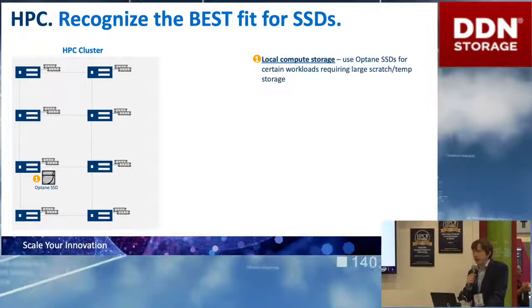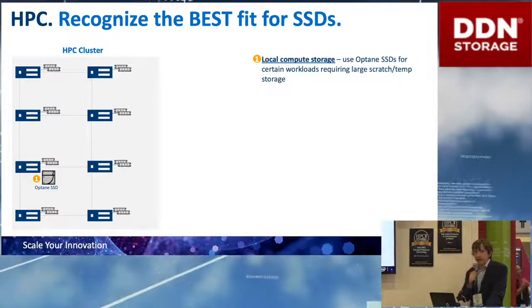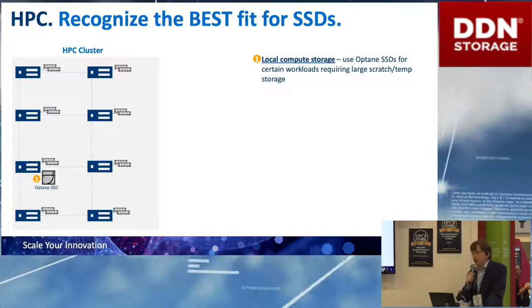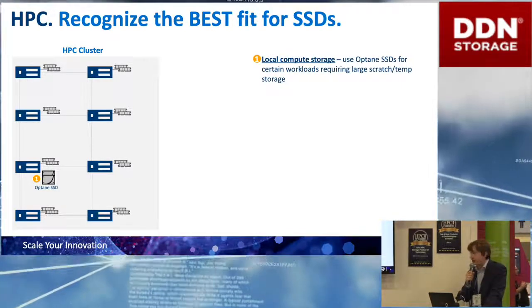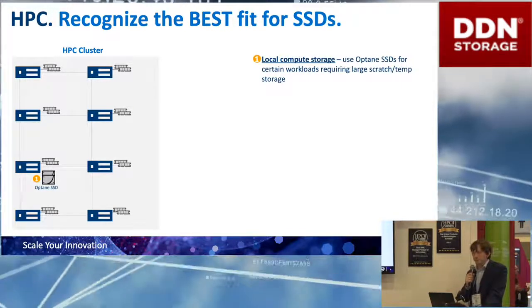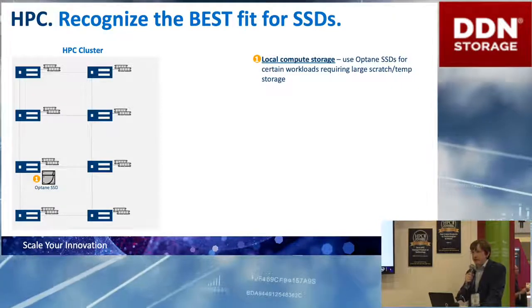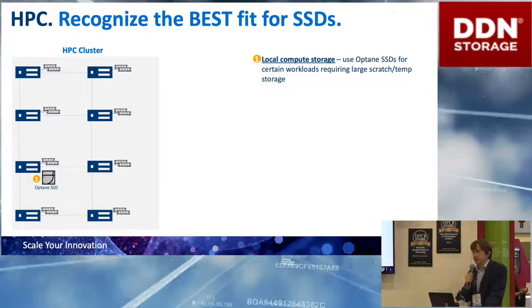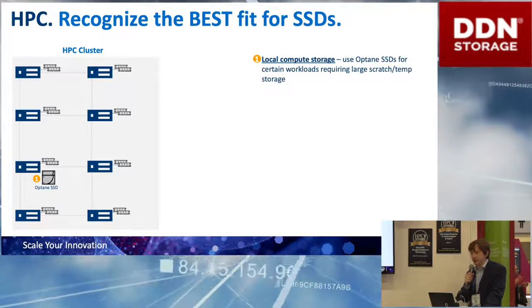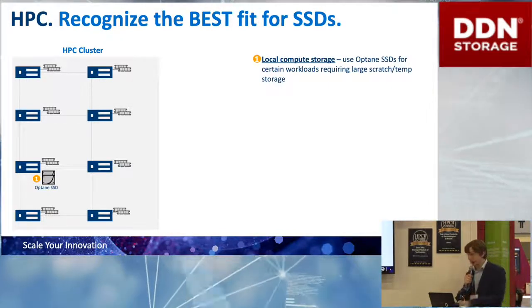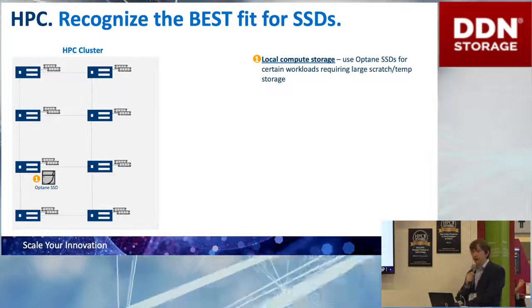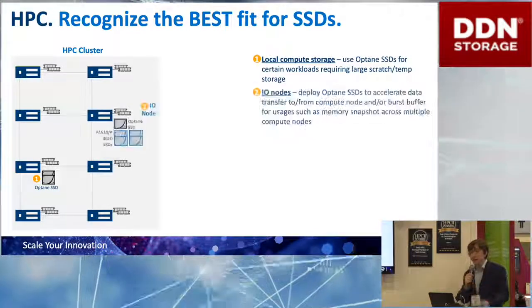This is not necessarily the case for everyone, but we definitely know that's the case for many, where you have to have local SSDs on your compute node in addition to your parallel file system and shared root directories. These can be different products. It can be Optane SSDs, NAND-based SSDs, or a SATA drive, but in fact you benefit from having local SSDs. However, it's expensive because you have to populate SSDs in every compute node.